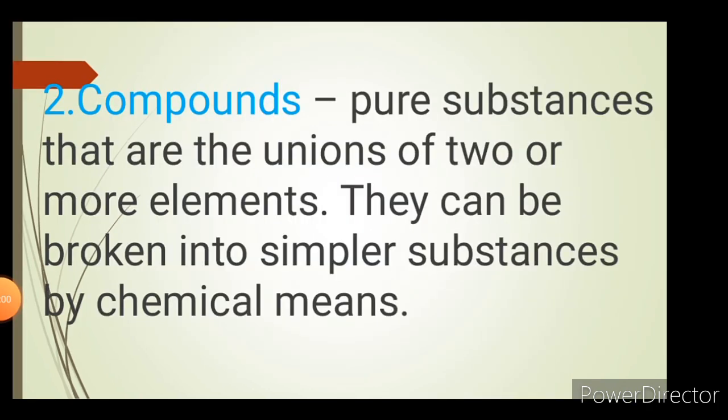Now let's move on to compounds. Compounds are pure substances that are unions of two or more elements. Unlike elements, they can be broken down into simpler substances by chemical means.